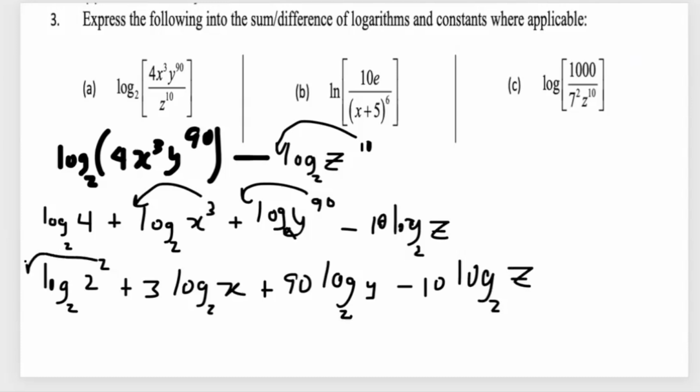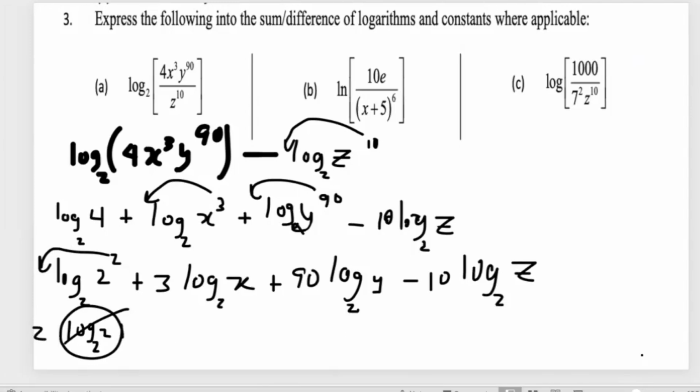When I carry this over, we are going to have 2 log 2. And we know log 2 is 1, so this is going to disappear. So that means what I really have, I will have just the number 2.